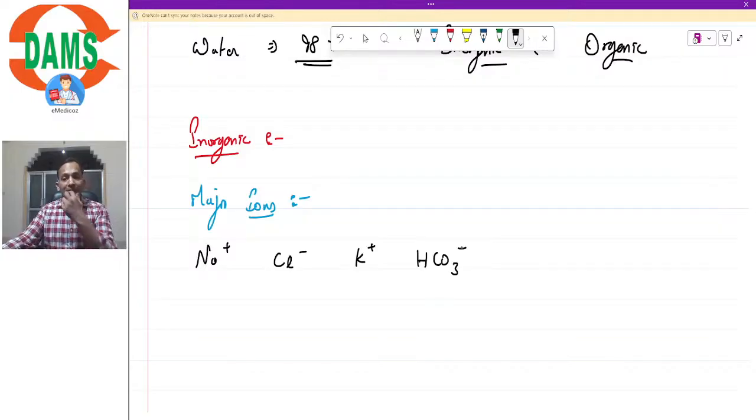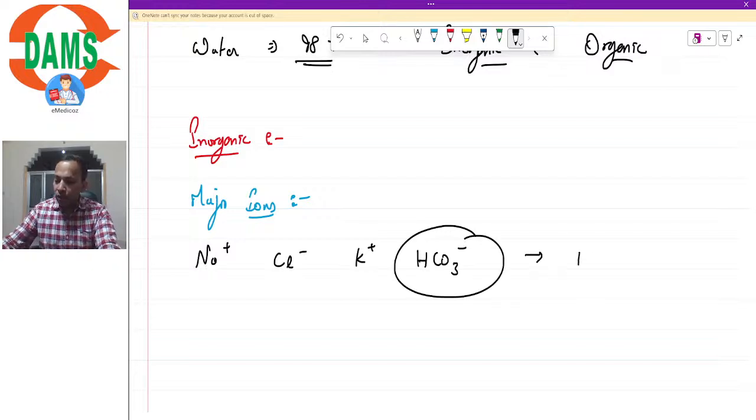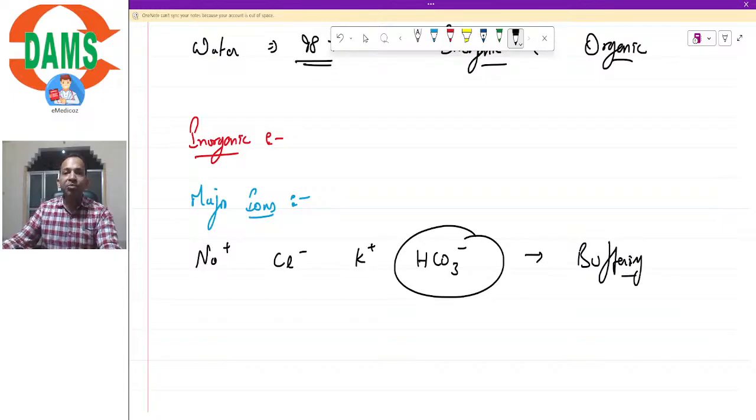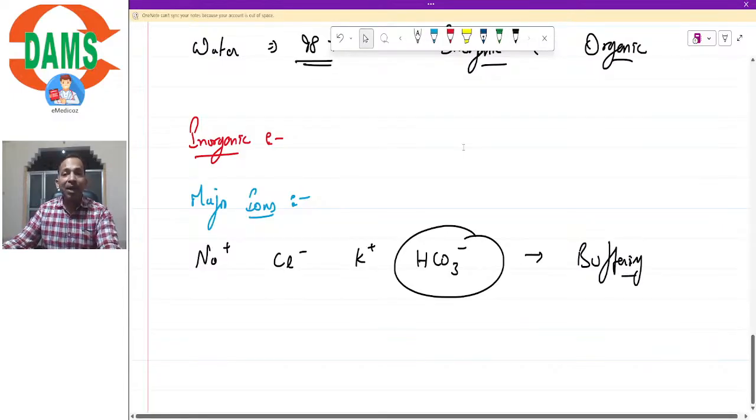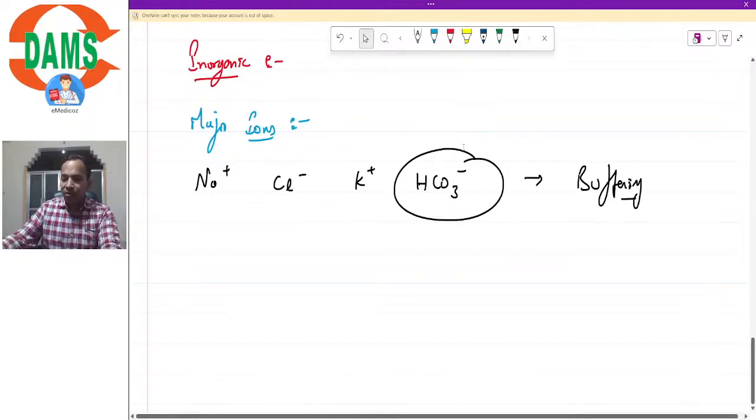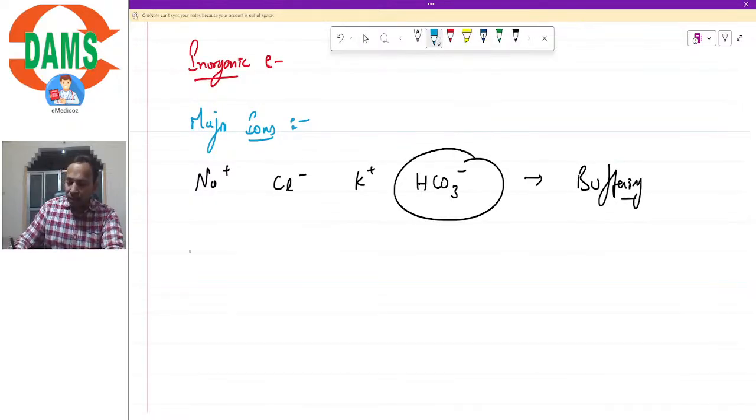So these are the major ions found in saliva. Clear? And bicarbonate has a role in buffering. It balances the pH of saliva, right? So it is the primary buffer of saliva. Apart from it, we also have some other buffer, that is the secondary buffer.